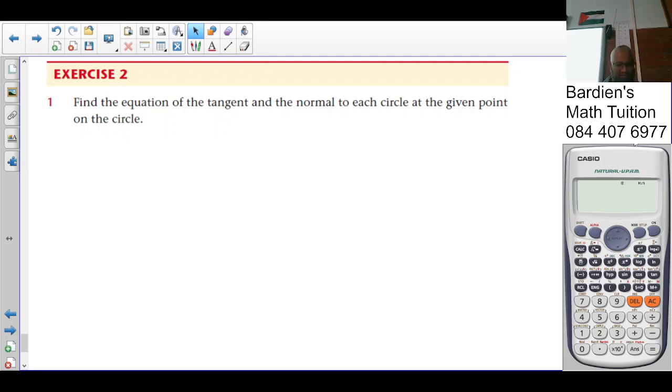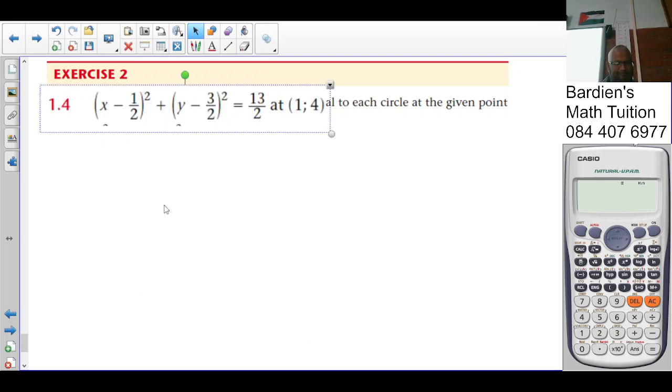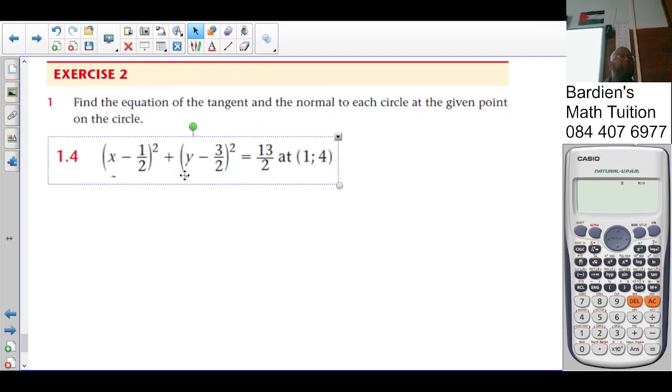Number 4 you said, no? Okay, 1.4. Anything else other than 1.4 in number 1? Any other problems in number 1? Okay.